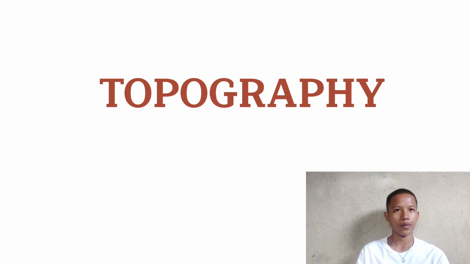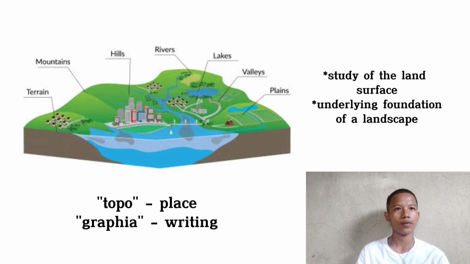Next is topography. It is the study of the land surface or the underlying foundation of a landscape. It comes from the words topo, meaning place, and graphia, meaning writing. As you can see in the photo, topography refers to the mountains, valleys, rivers, or craters on the surface.